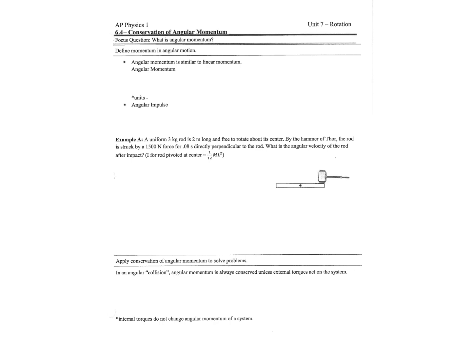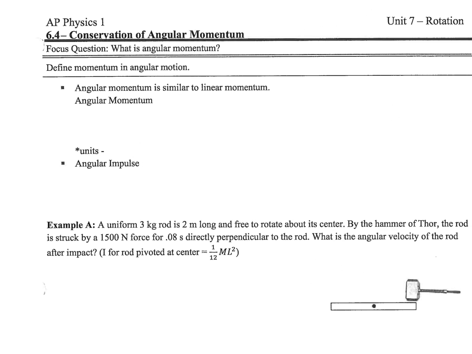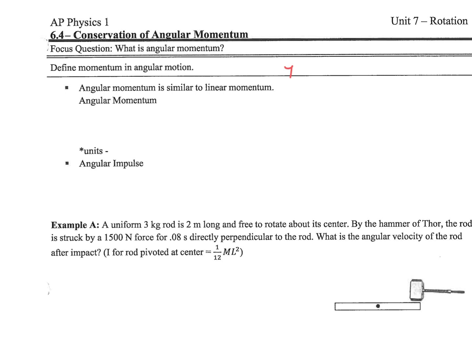So let's talk about angular momentum. We talked a little bit about what momentum is. Regular linear momentum, P, is equal to mv.